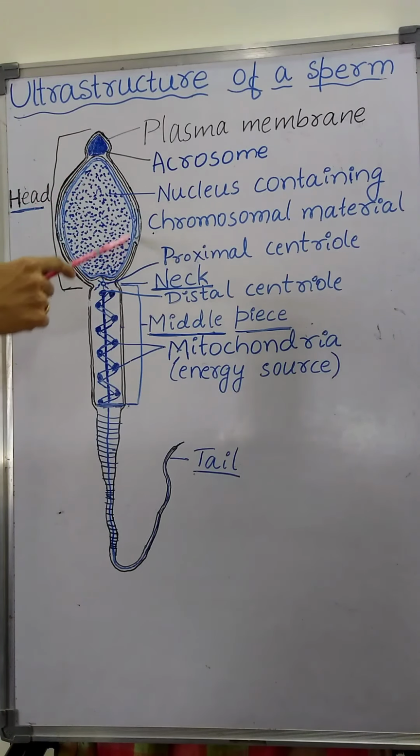The elongated nucleus occupies the major portion of the head.